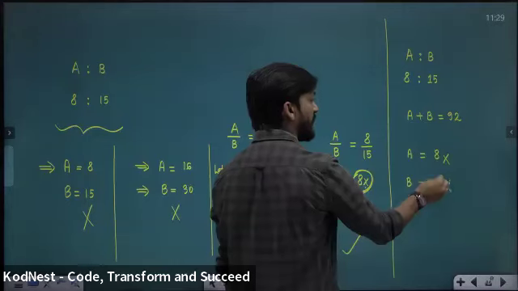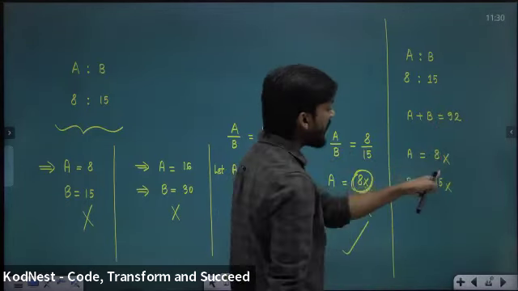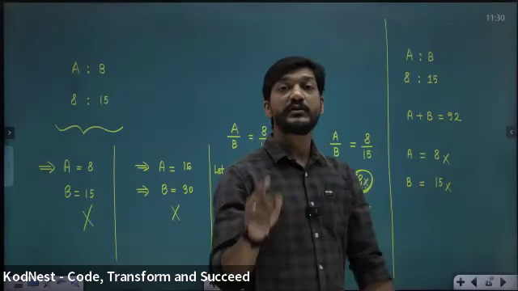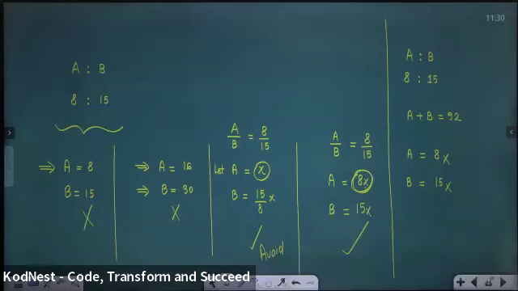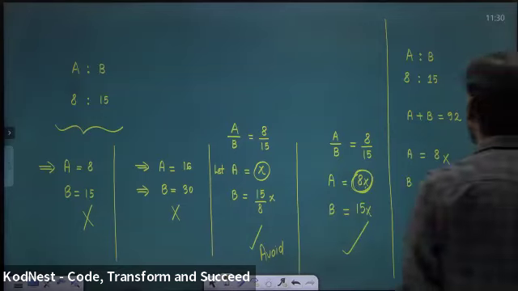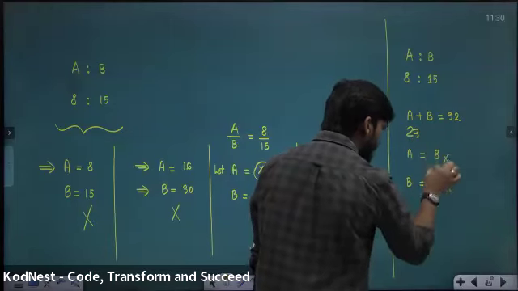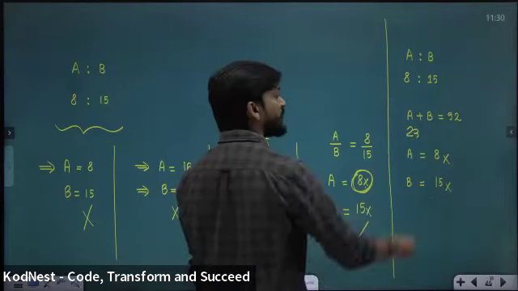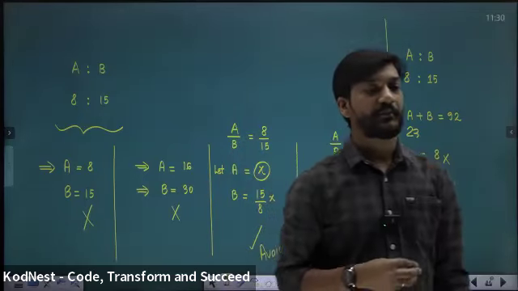What is given now? A plus B. If I take A and B as 8 and 15, what is A plus B? 23. Okay. I am getting 23. If I take these values, I should get 92. So how many times should I take?